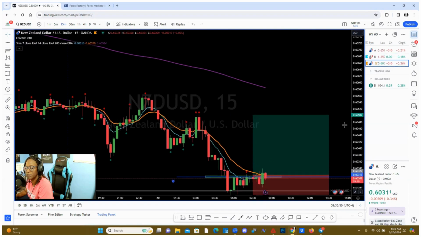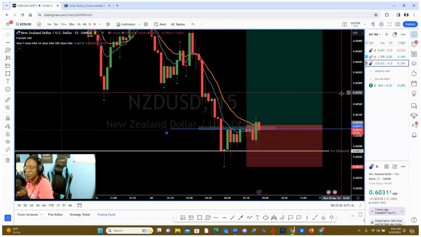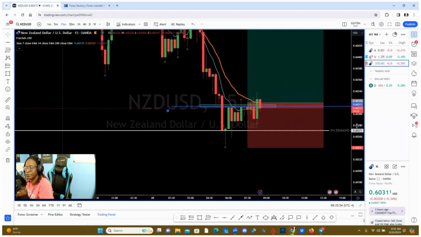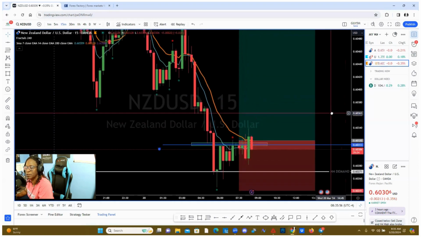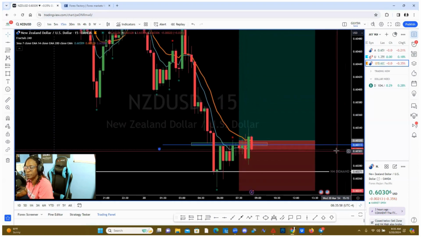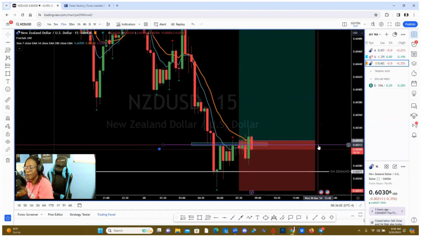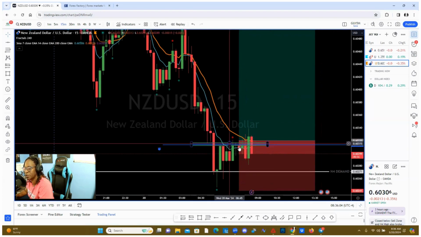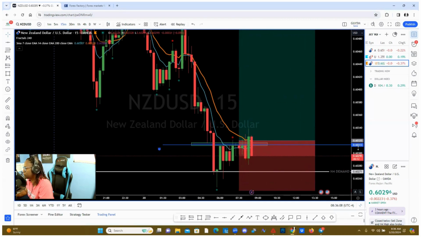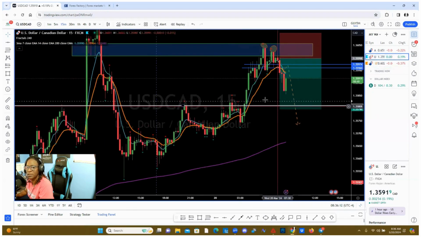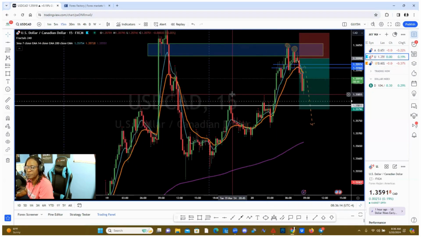Zealand dollar is still roundabout where we entered. And we're staying put for a minute. We did break structure. And we have these areas over there. Let's see what they want to do. We don't know. CAD is bouncing off nowhere.